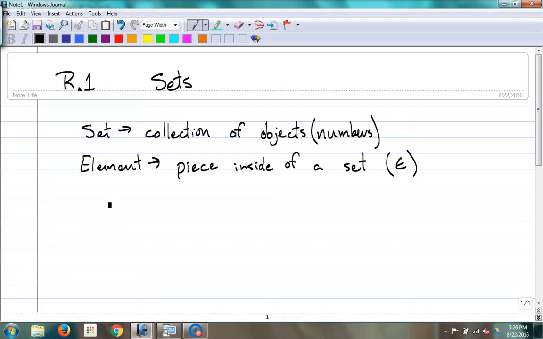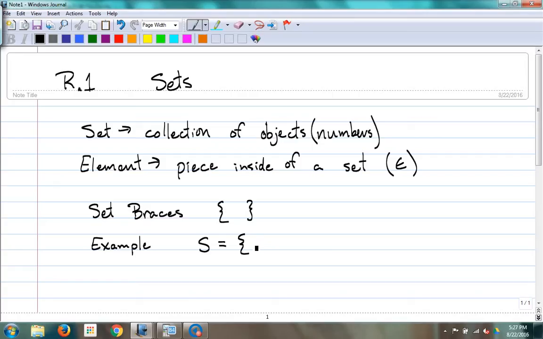Now, the way sets are done is with set braces, and set braces are the curly braces, is maybe what you've called them before. One on each end there is a set brace. So, an example of a set. We'll name it S for set.